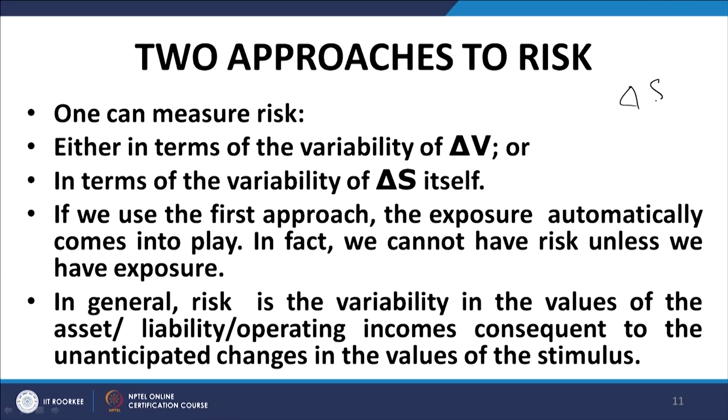When we talk about variability, we can talk about the variability of delta S, or we can talk about the variability of delta V, which is equal to beta delta S. If we talk about the variation of delta V, beta automatically comes into the picture. In other words, if beta is 0, then if we measure risk by the variation of delta V, there is no risk.